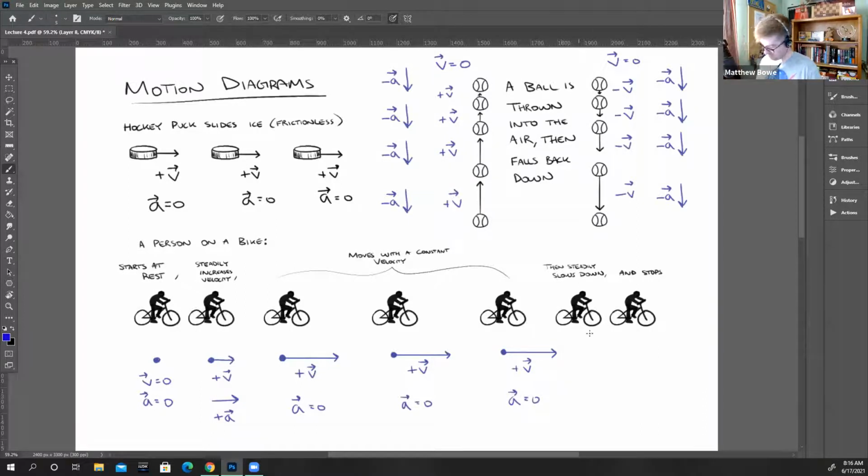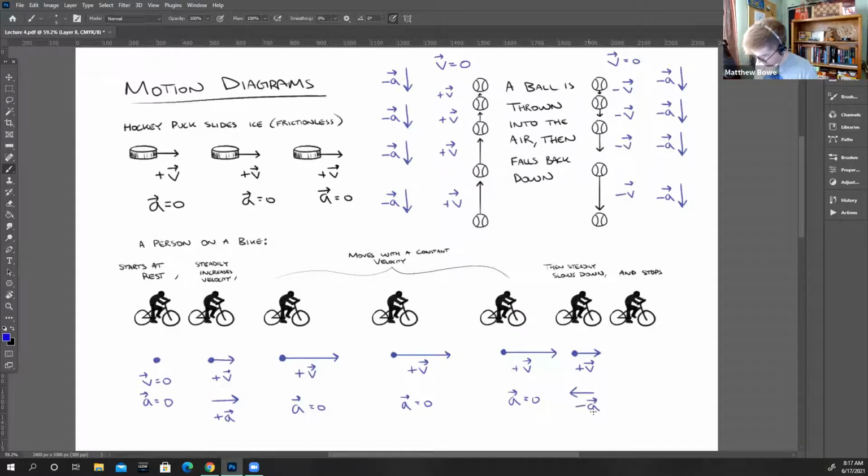Okay. And these last few pictures, they're slowing down. So I'm just going to make a small arrow like that, similar to over here. And why are they slowing down? It is because they're changing their speed, but it is making them slow down. So they have this positive velocity still pointing to the right, but they have a negative acceleration.